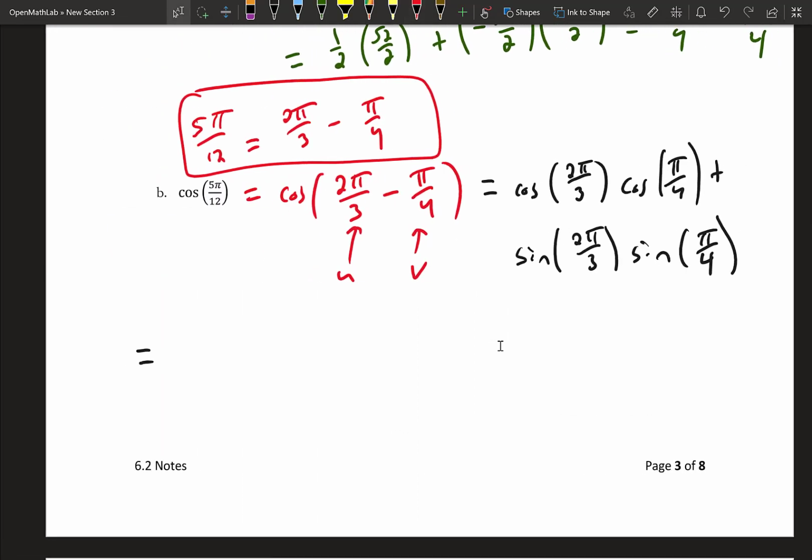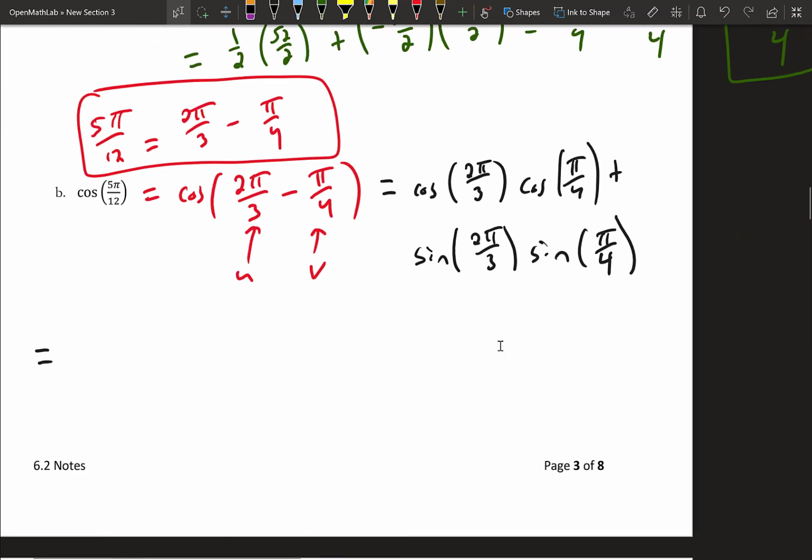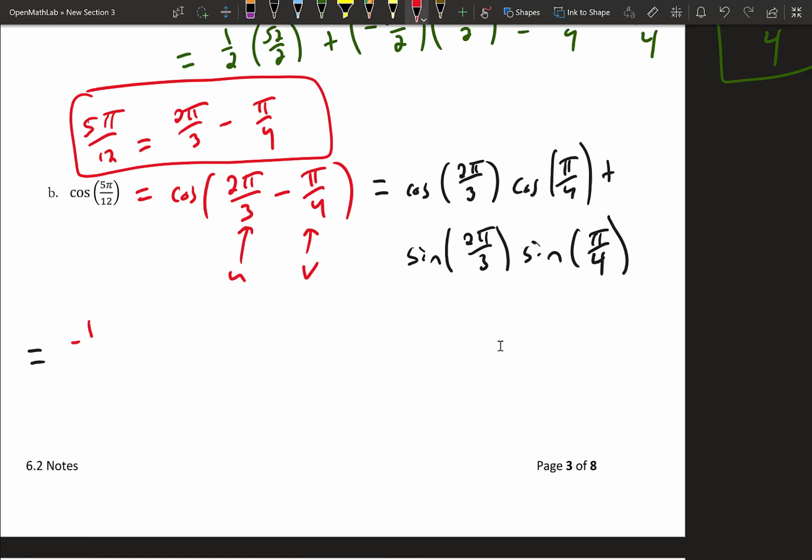So cosine of 2 pi over 3 would be negative 1/2. So we'd have negative 1/2 times radical 2 over 2 plus, and then sine of 2 pi over 3 would be radical 3 over 2, and sine of pi over 4 would be radical 2 over 2.